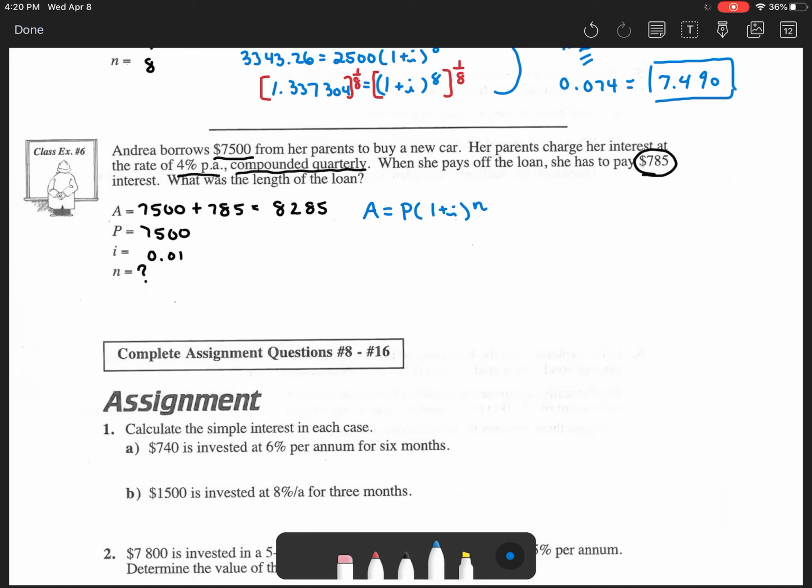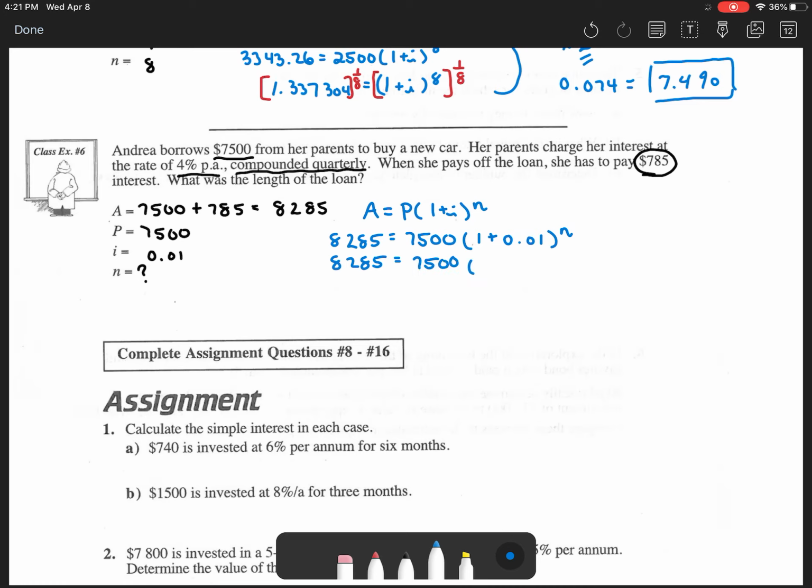So again, I start by writing out my equation. A is equal to P times (1 plus I) to the exponent of N. The amount is 8,285. The amount that she originally borrowed was 7,500, and this time 1 plus 0.01 to the exponent of N.